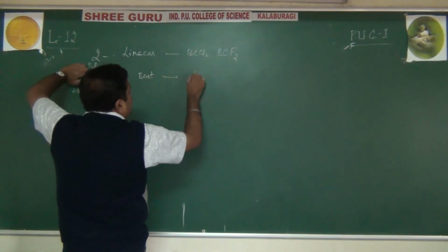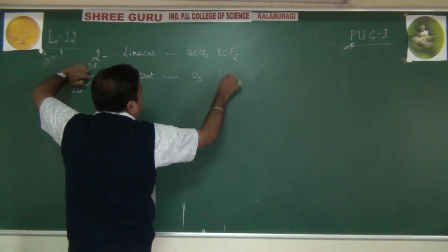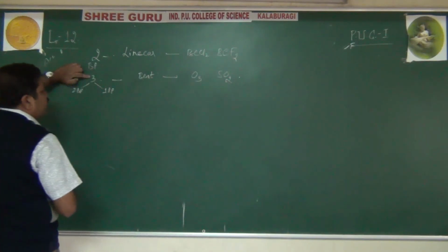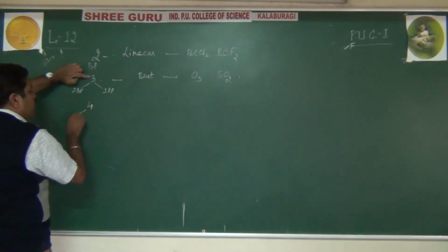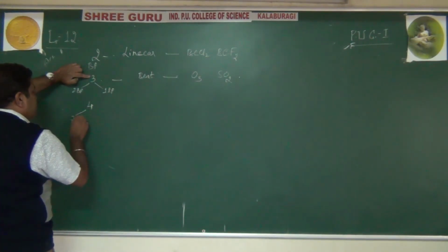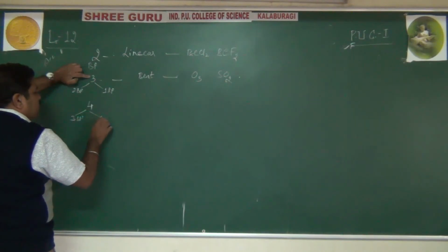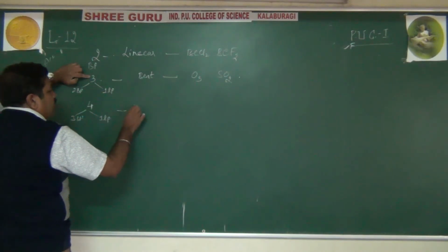Example: ozone. And the number 4: out of 4, 3 bond pairs, 1 lone pair. Got it? It is what?